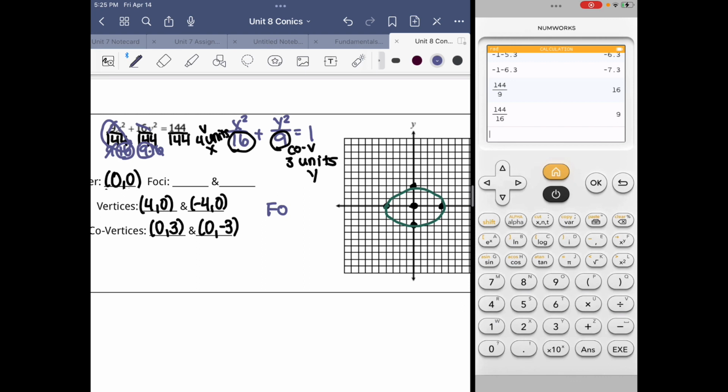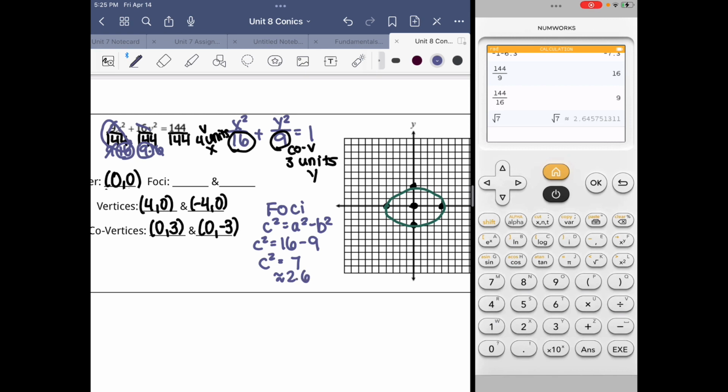The foci on this one, c squared equals a squared minus b squared. So c squared equals 16 minus 9. Because a squared is 16, b squared is 9. 16 minus 9 is 7. And the square root of 7 is about 2.6.